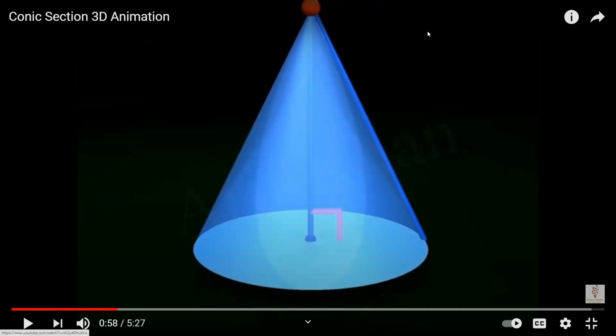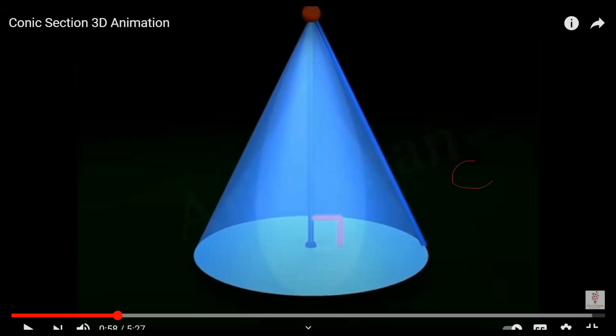Without this also cones can come, like I told you in 10th class. One second, I will show you. This is also a cone, but this is not a right circular cone because the axis is making an acute angle, not a right angle.